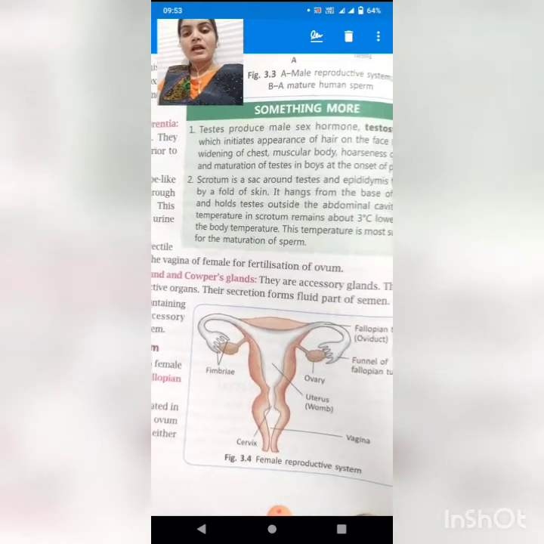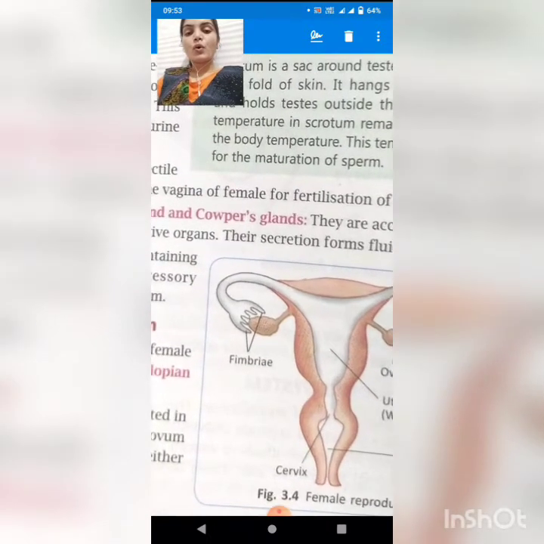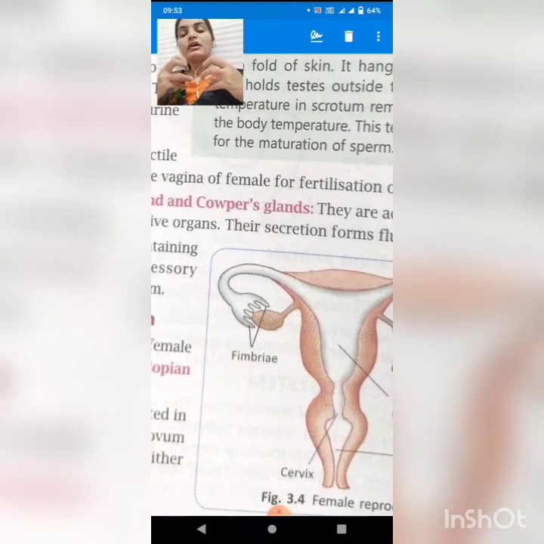So what is the function of the ovary? It is the production of the female gamete. They are captured like a funnel by a finger like projection which is known as fimbriae. See, in this diagram, students, the ovary is captured by a finger like structure known as fimbriae.